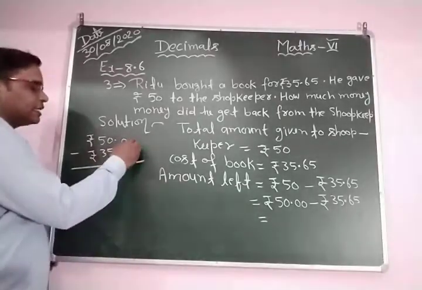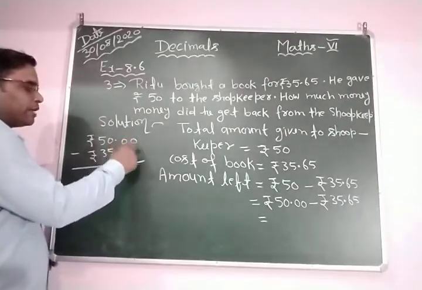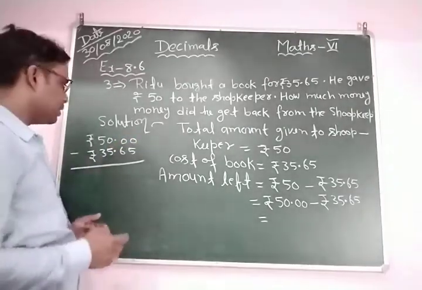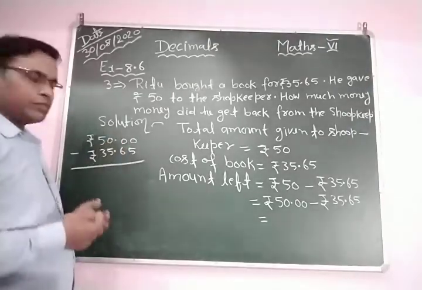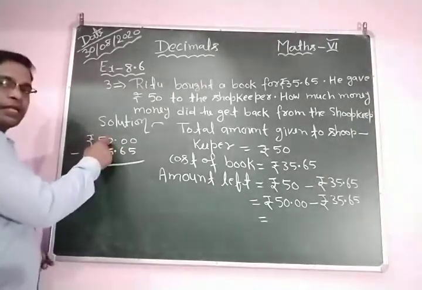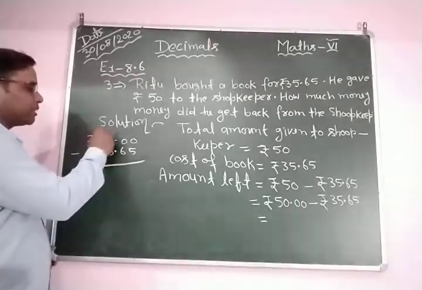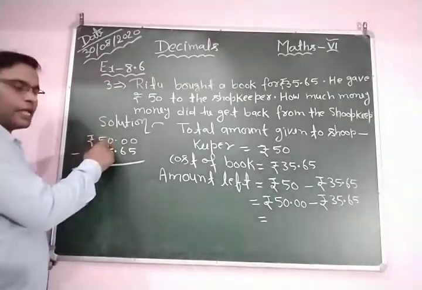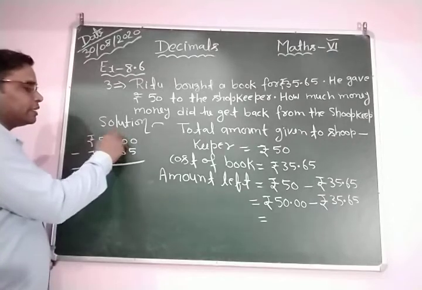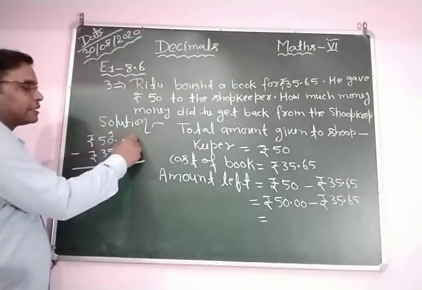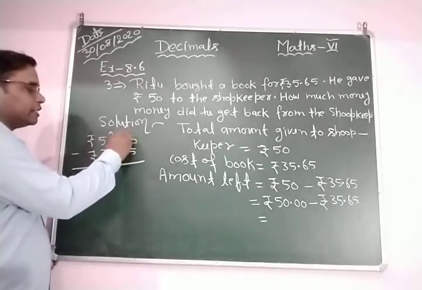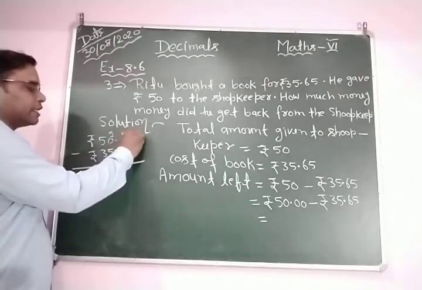You can see here 0 minus 5 is not possible, so we take one carry from this 0; this digit is also 0, so we take a carry from here, and this is also 0, so we take a carry from here, so it becomes 10, and again we carry from here so it becomes 9, and this becomes 10, and again we send a carry from this place so it becomes 9 and this becomes 10.